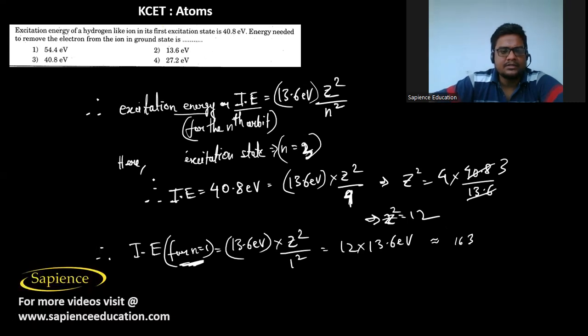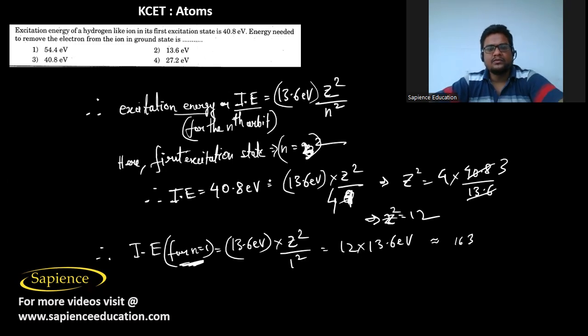First excitation state means n is equal to 2 only. This will be 4. Z square will be 4 into 40.8 divided by 13.6.